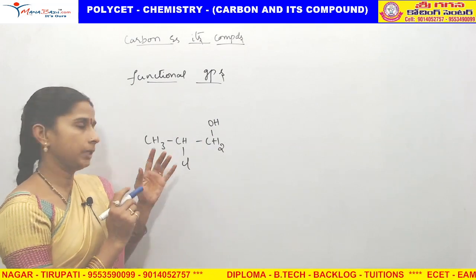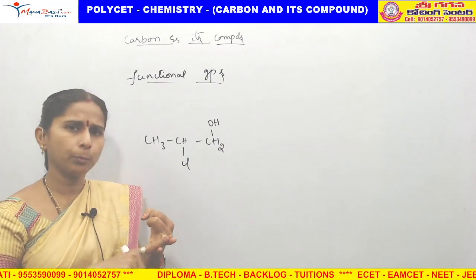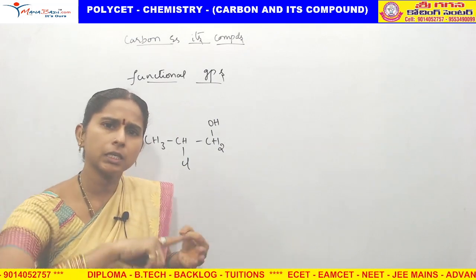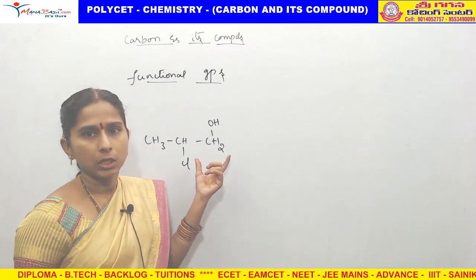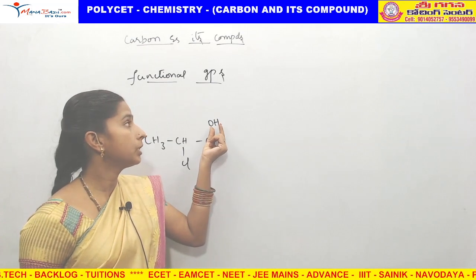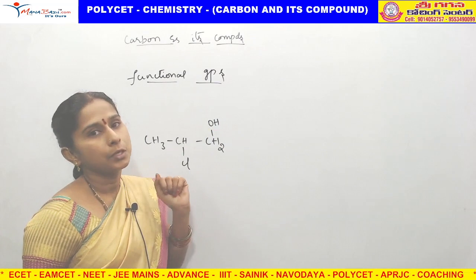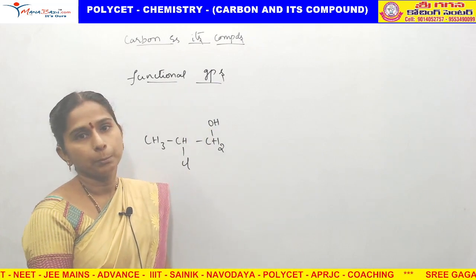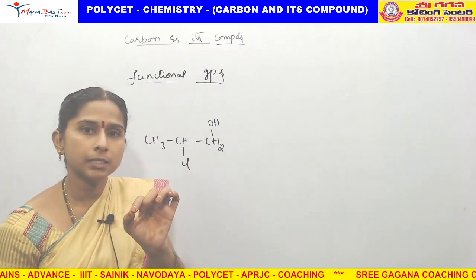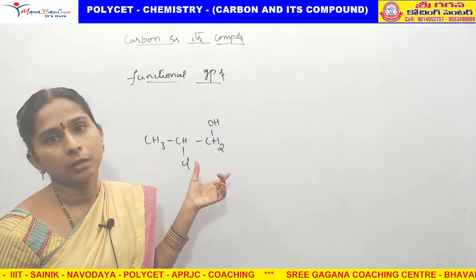The whole properties means its melting point, its boiling point, and reactivity, everything will be changed because of the presence of this group of atoms. That type of groups are called functional groups. Functional group decides the properties of the compound.